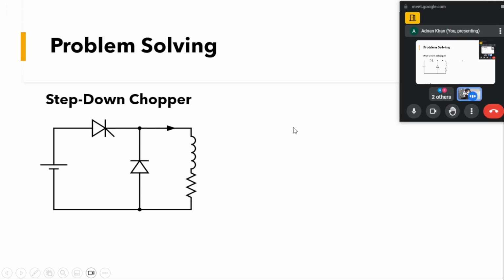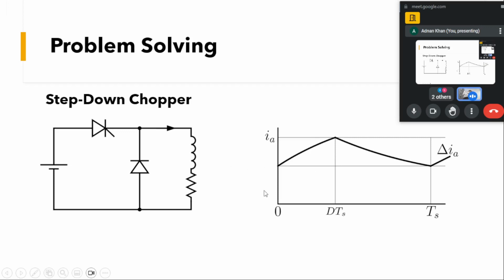So from 0 to dTs, when this device is on, this input voltage is connected to this load, and the inductor will start to charge up, the current in the inductor will start to rise up to this point dTs when this switch is on.